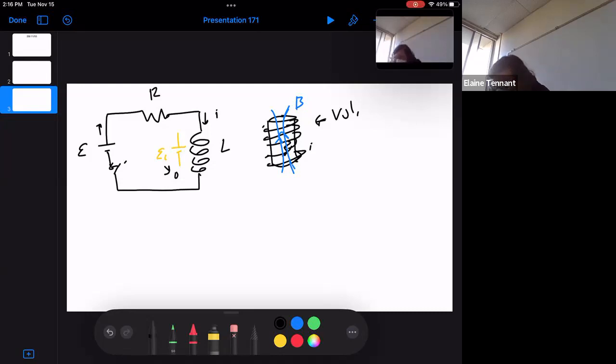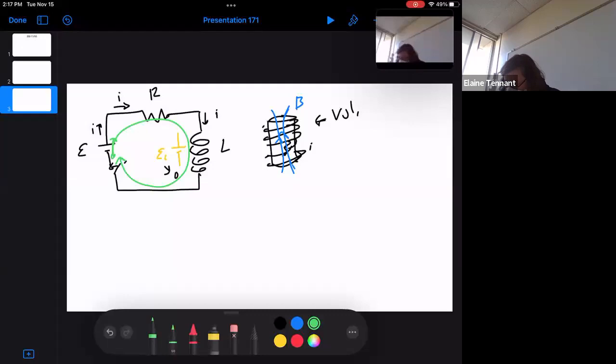So let's start there. I'm going to go around this circuit like that. I'm going to set my current to go that way. As I go across this battery from negative to positive, am I going to add that voltage or subtract it? Yes. Yeah, so I'm going from the 0 volts to the 6 volts, right?